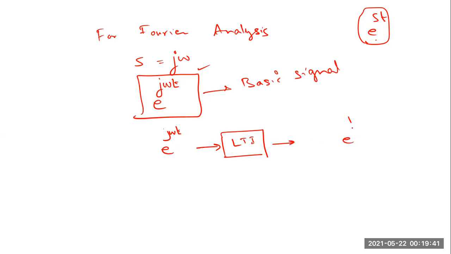The output is also going to be the same signal, e to the j omega t, multiplied with an eigenvalue, but now the eigenvalue will not be a function of s, it will be a function of j omega. So this is our eigenvalue, and this is our eigenfunction.